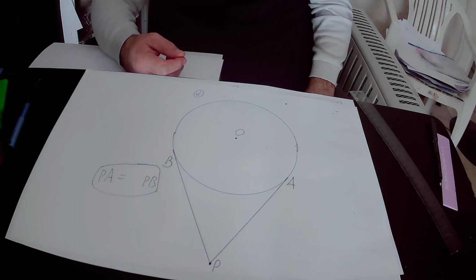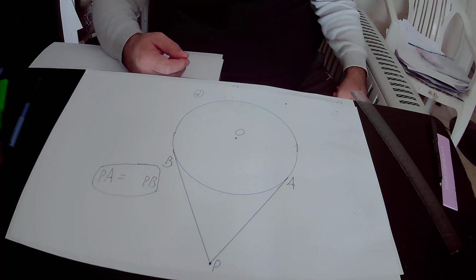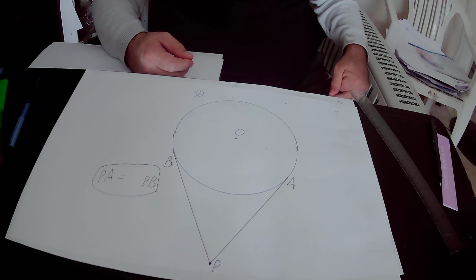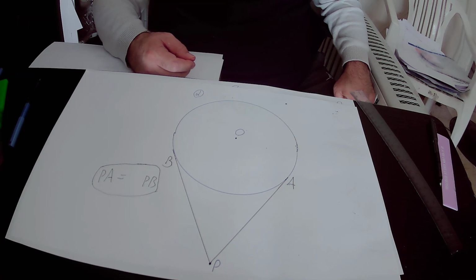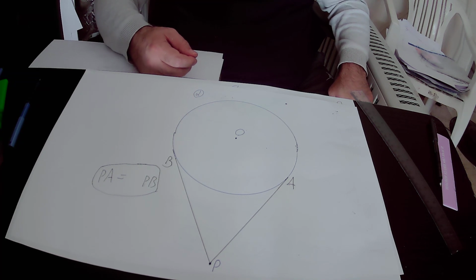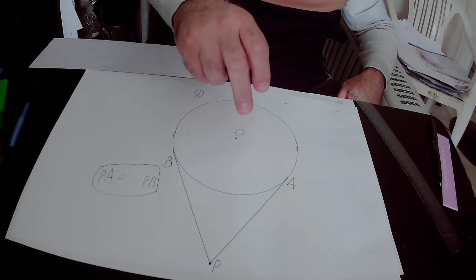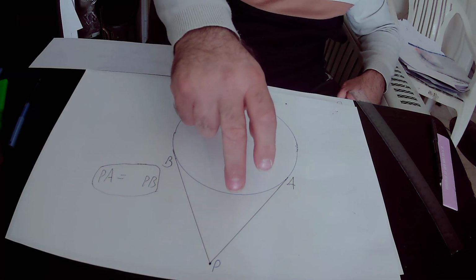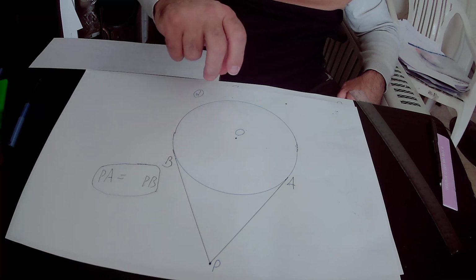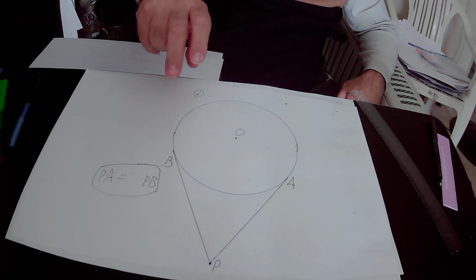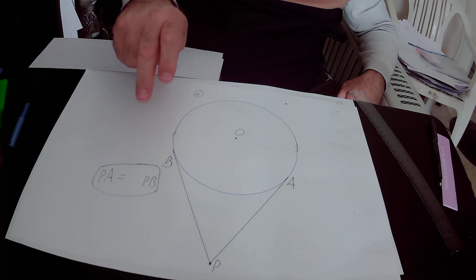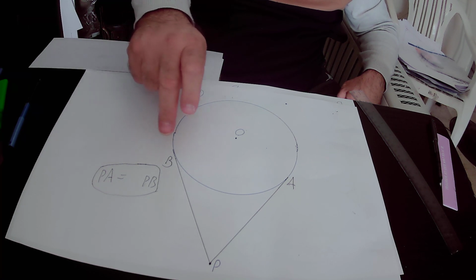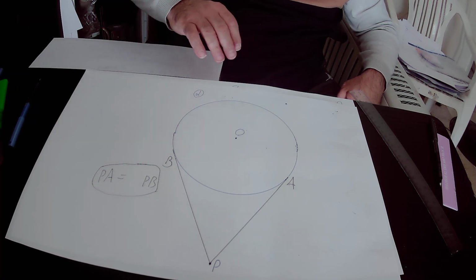According to rule number 1, the lengths of two tangents from a common external point to a circle are equal. So whenever you draw from a common external point, in this case point P, two tangents to a circle, then the lengths of those two tangents will be equal to each other. That is to say, PA equals PB in this case, okay?